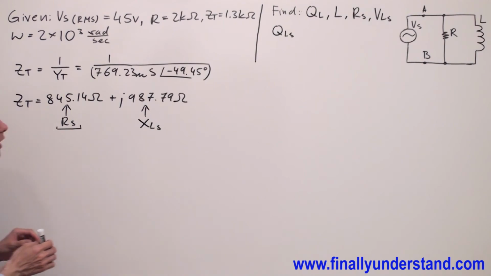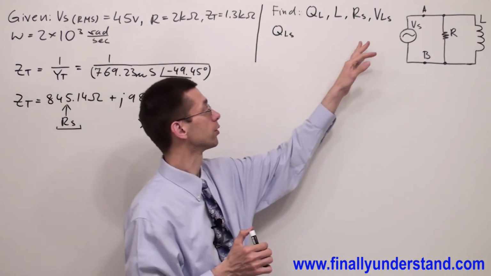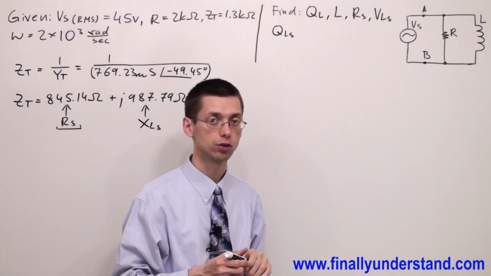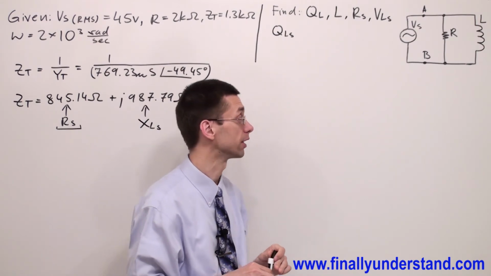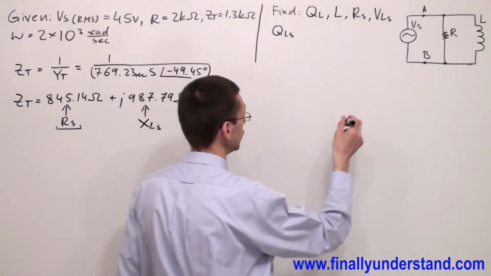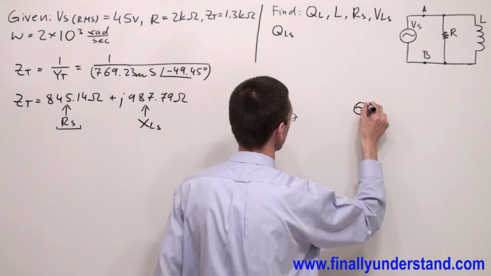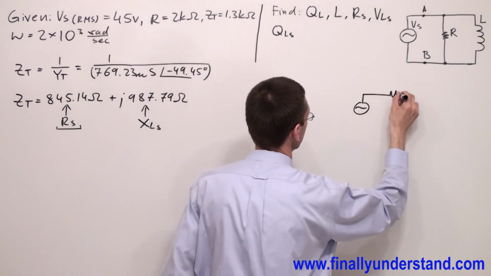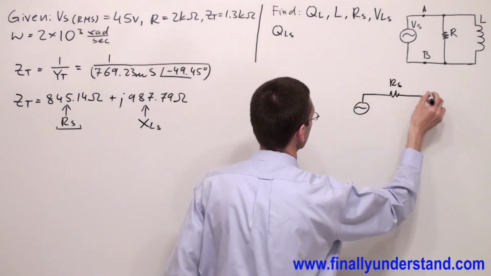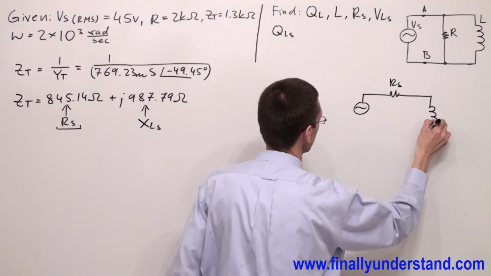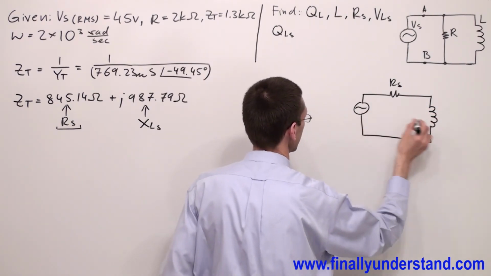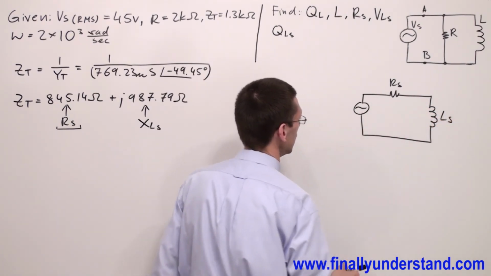Next, we're supposed to find the voltage which will occur across the inductor in the series equivalent circuit. So let me draw the series equivalent circuit. So I have Rs and I have inductance Ls.